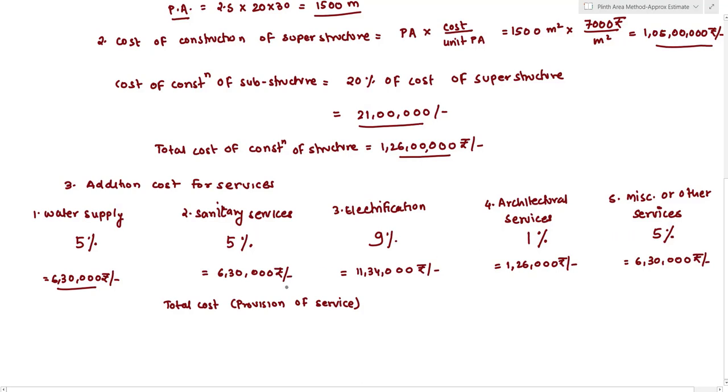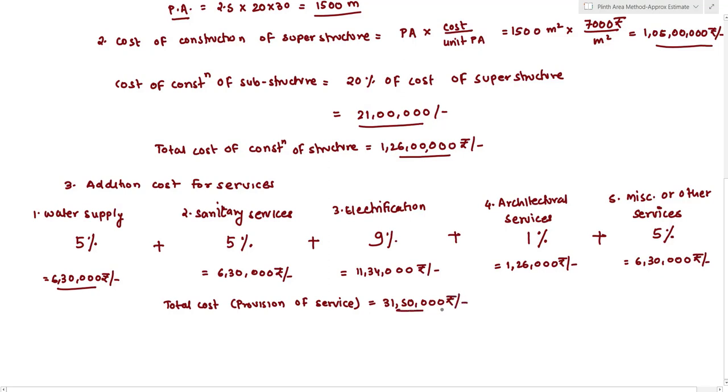So total cost of provision of services will involve the cost for water supply, sanitary services, electrification work, architectural expenses and miscellaneous services. So we'll have to add all these things so that we will get the total cost of construction of these services. So this total cost of construction of these services works out to be 31 lakh 50,000 rupees.